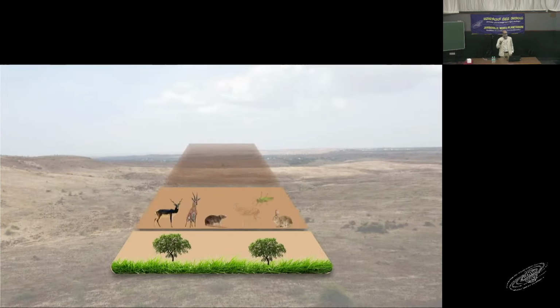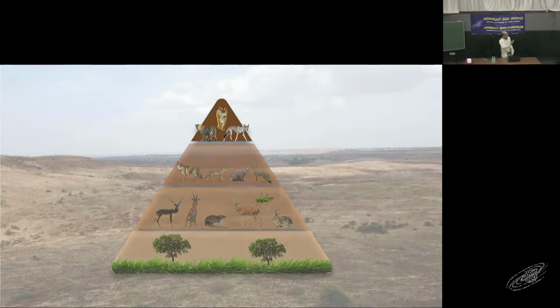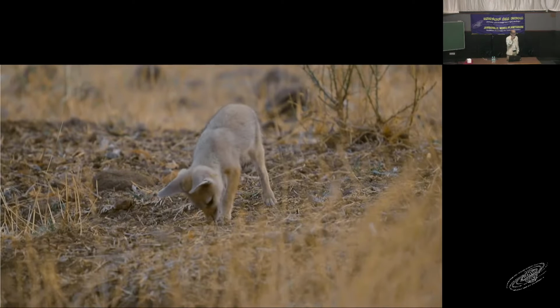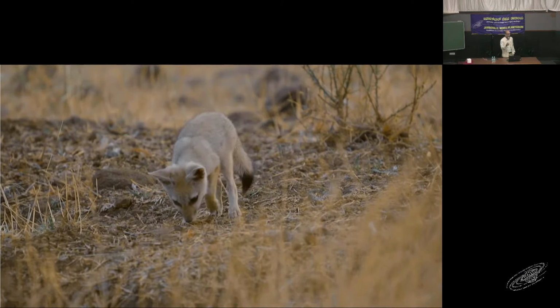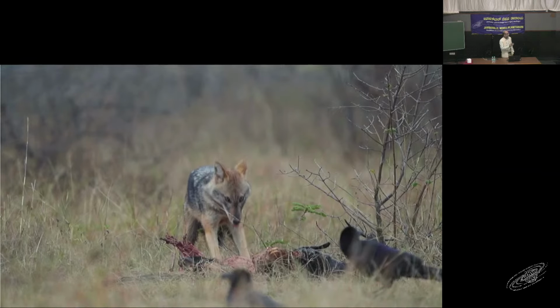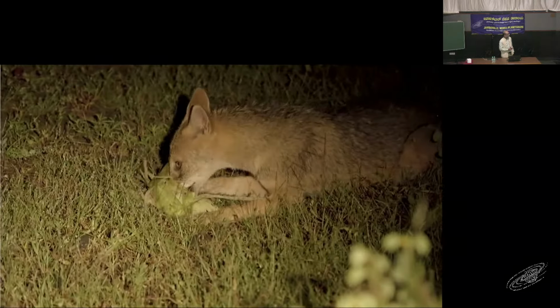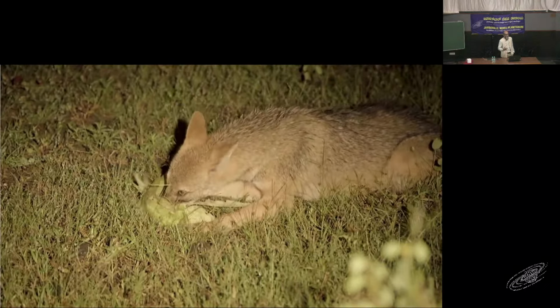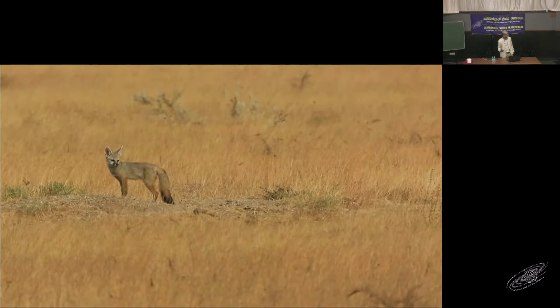Most of you would have heard of the food pyramid. You have your primary producers at the bottom, consumers in the middle, and so on. At the very top, you have your top predators, your tigers, your leopards, your wolves. But in the middle layer, one below the top, is also a suite of mesocarnivores. Species such as the Indian fox, which hunts small rodents and birds, and the golden jackal, which is a scavenger but also hunts small mammals, birds, and so on.